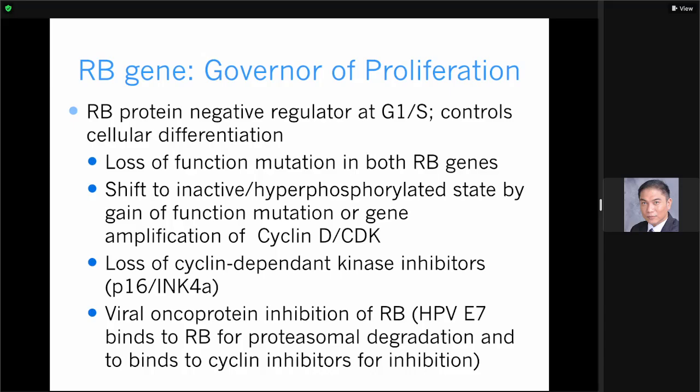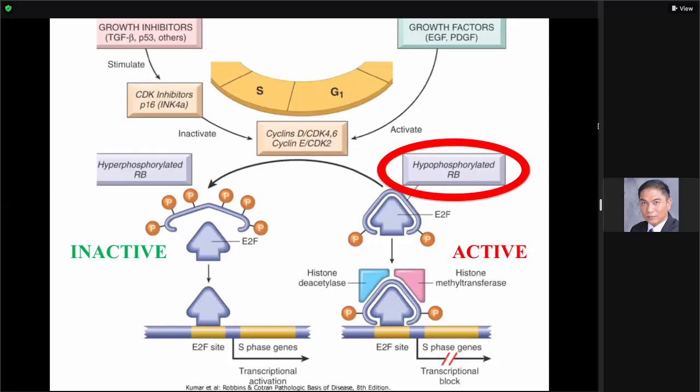So, paano yan? So, this is yung RB. They are active if they are hypophosphorylated.